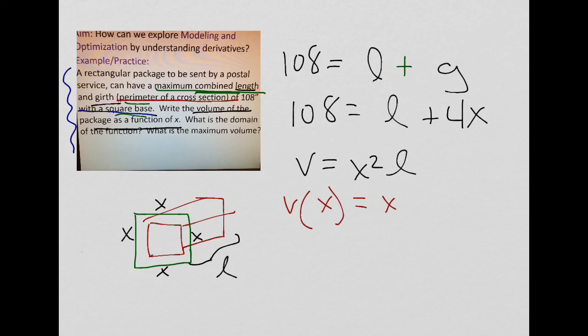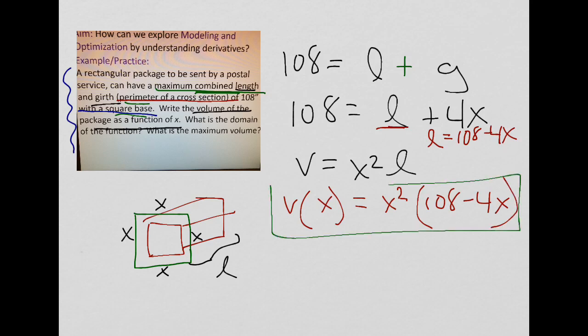So we're going to solve for L, so it would be a function of x. If you labeled a y, you're going to be solving for y. If I solve for L here, I have 108 minus 4x. Now you're going to be able to find the domain like you have in previous problems and the maximum volume. This one you will get a maximum volume.